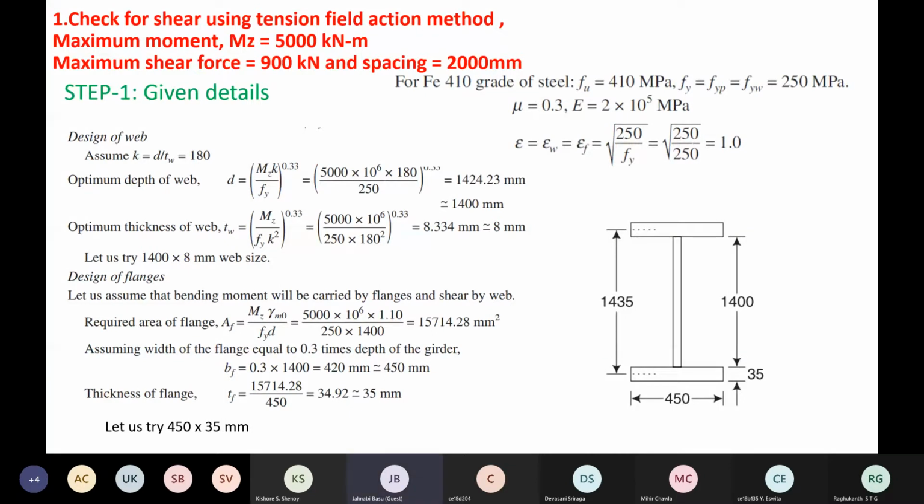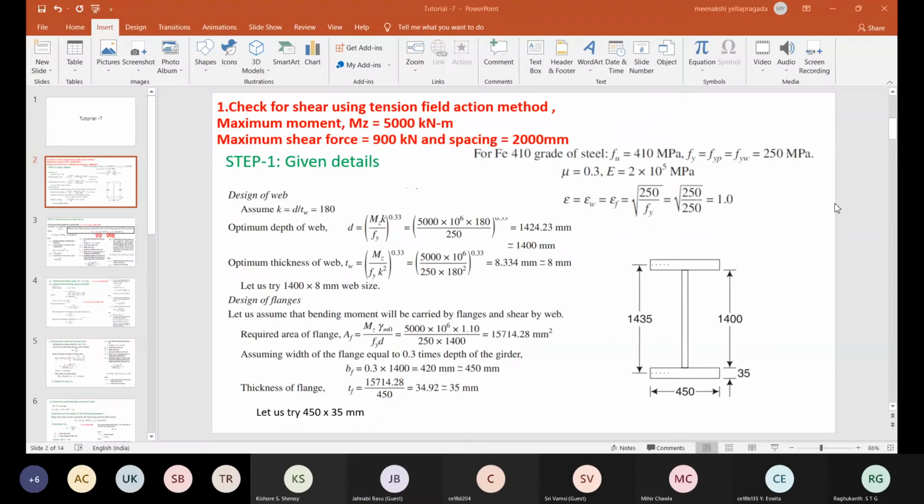You understood how to get the d, tw, Af and tf and Bf. Okay, I hope this is clear. Then we'll go to the next step. If anyone is having any difficulty in this, you can ask.